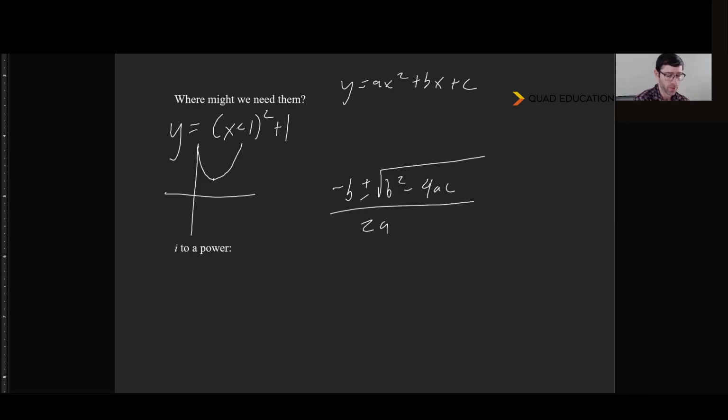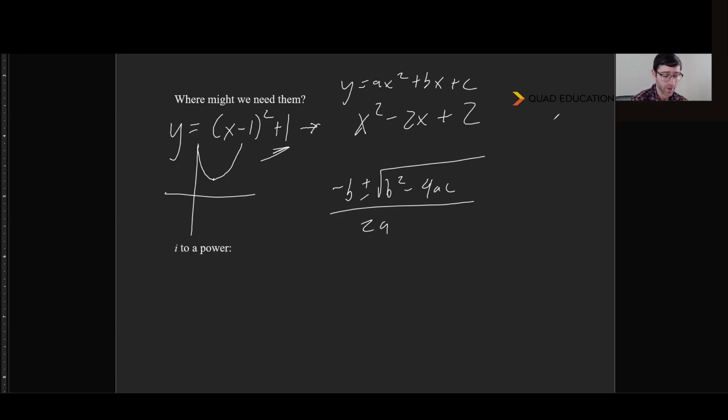If we're going to go from (x minus 1) squared plus 1 to standard form, we want to expand the (x minus 1) squared. If you're not comfortable doing this quickly, check back with our videos on completing the square and factoring perfect squares. (x minus 1) squared is x squared minus 2x plus 1, and then plus 1 again for what we have outside the parentheses gives us x squared minus 2x plus 2.